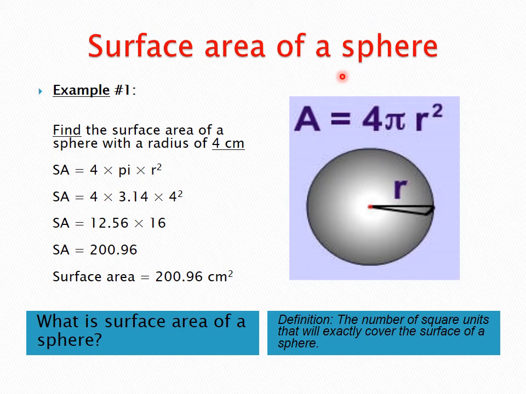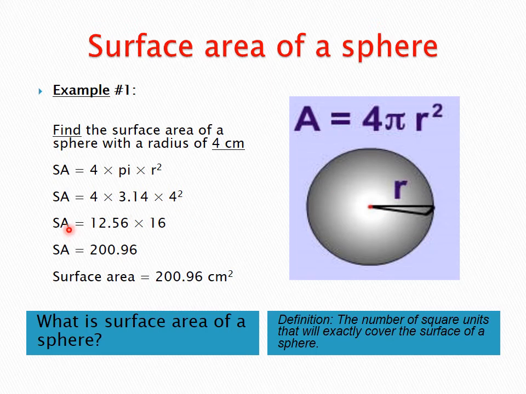Now we will calculate the surface area of a sphere. This is important. Find the surface area of a sphere with a radius of 4 centimeter. Here this is radius. The formula is A equal to 4 pi r square. So surface area equal to 4 into pi into r square, 4 into 3.14, the constant value of pi, into 4 square. 4 is the radius given.